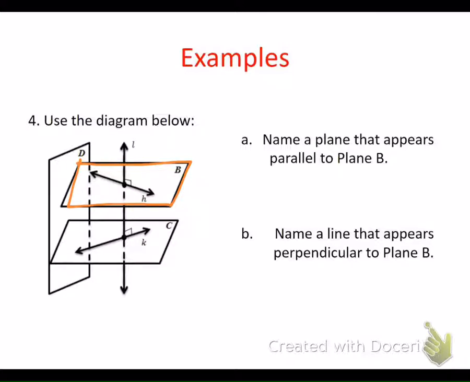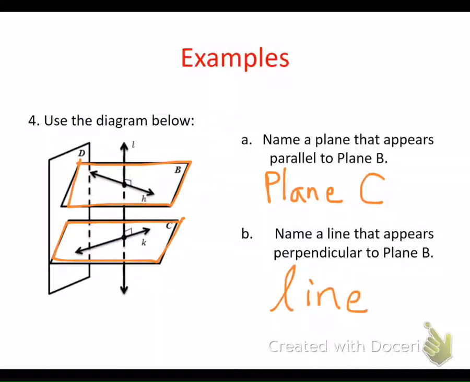Because it's under it. It appears to be parallel. So plane C. Now, a line that appears to be perpendicular to plane B. Where's a line that you see forms a right angle with plane B? Line L.